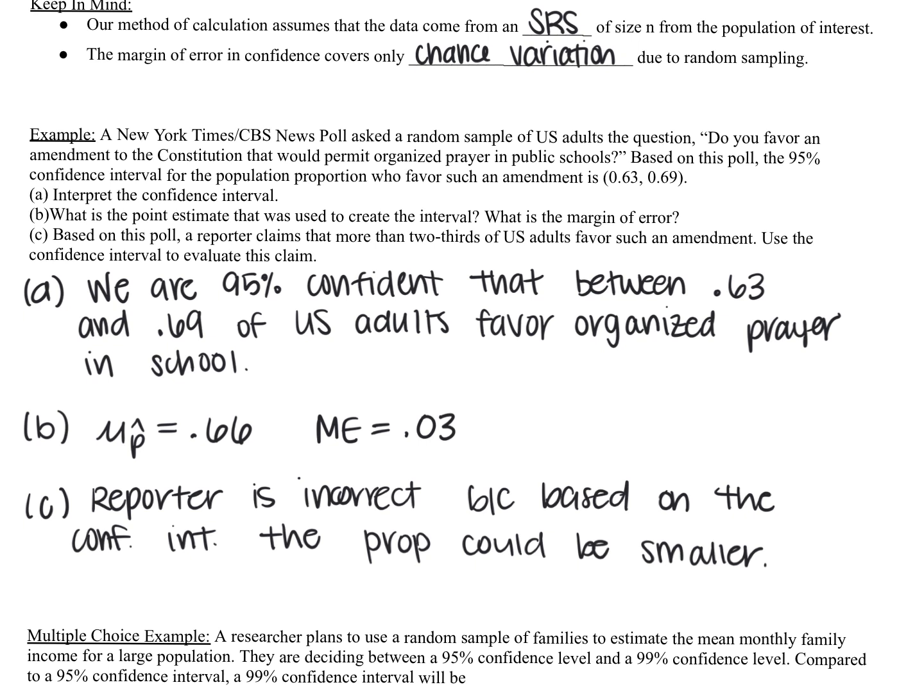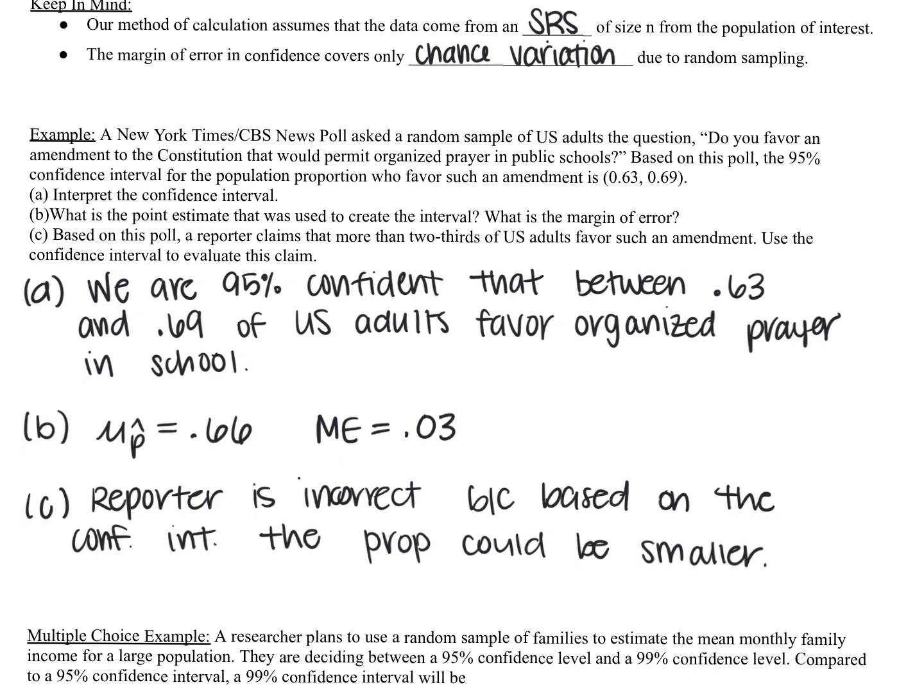The reporter is not wrong because every value in our interval is greater than 2/3. But considering we have values that are not greater than 2/3 in our interval, we can't make the claim that more than 2/3 of U.S. adults. It could be more than 2/3. Part of our interval is more than 2/3, but not all of it.